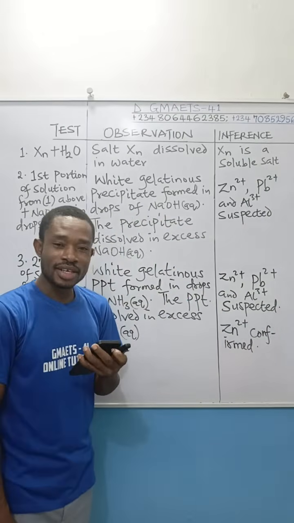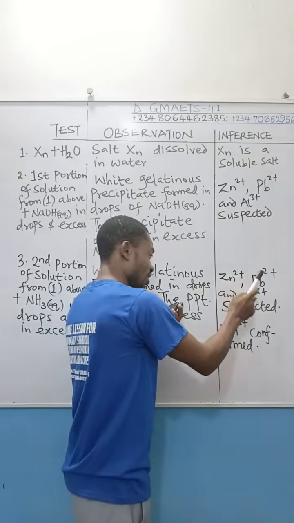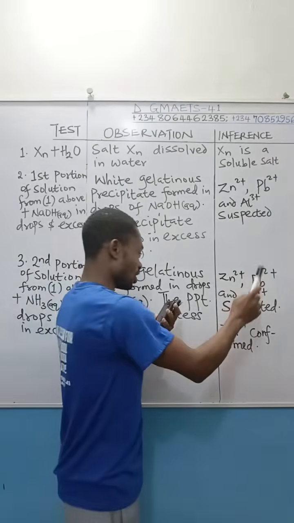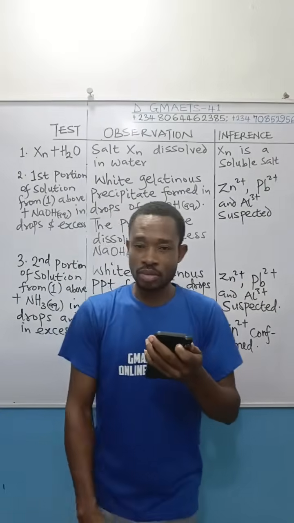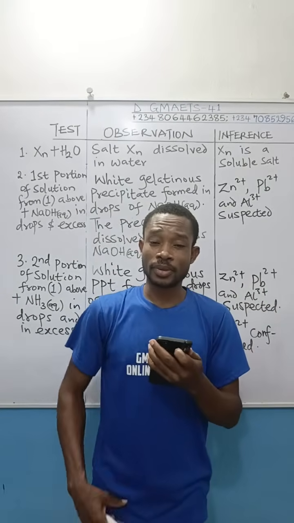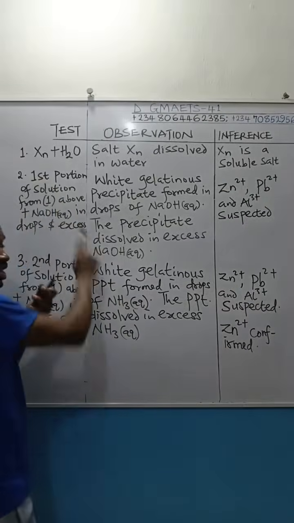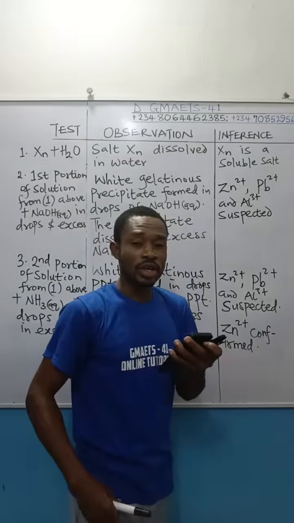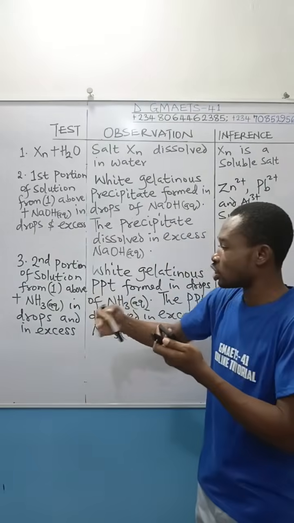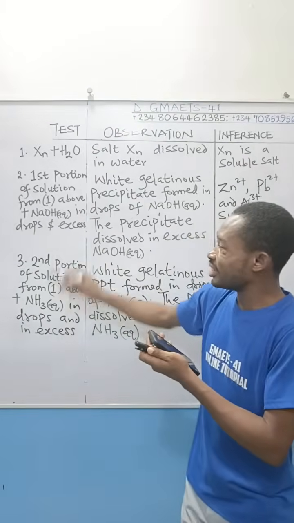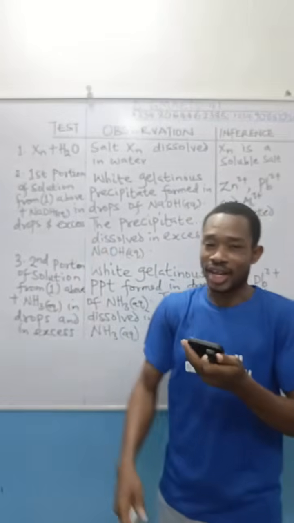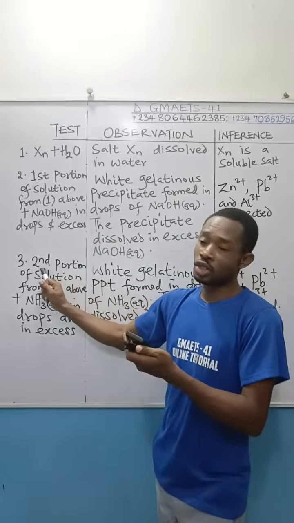Let me now answer the question why I said what is there is not lead and not aluminium. The reason is simple. If it is lead that is actually the cation in this XN, the instruction will not stop. That instruction that makes use of reagents used in testing for cations will not stop with the second portion.